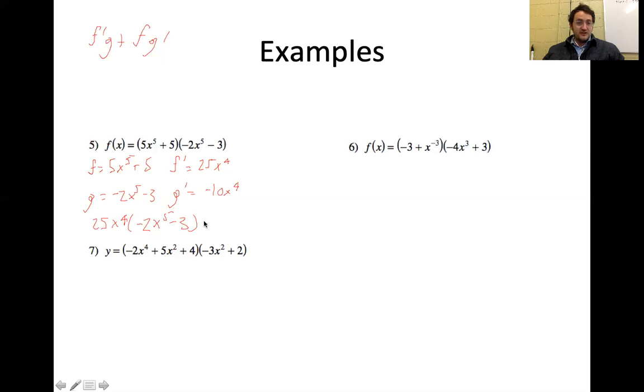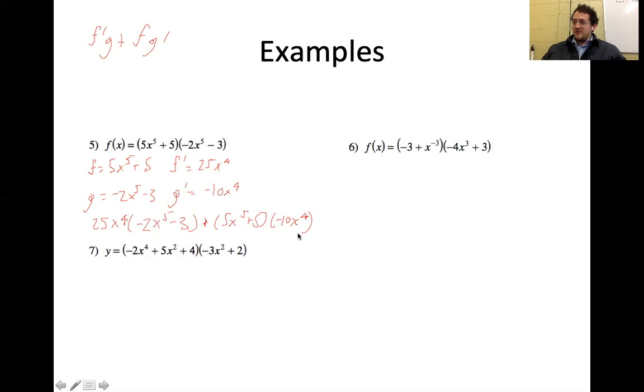That's your f prime g. And then I add to that your f, which is 5x to the fifth plus 5, times your g prime, which is negative 10x to the fourth. Then you're done.